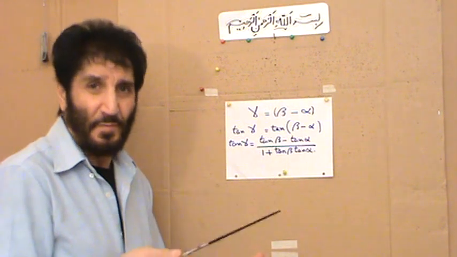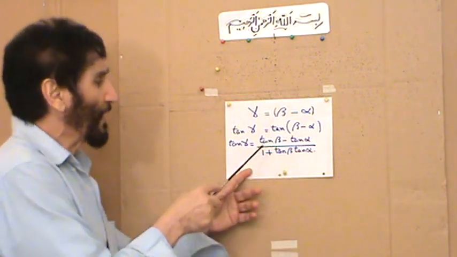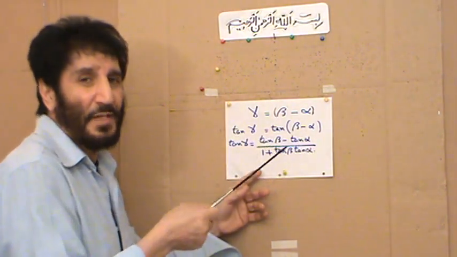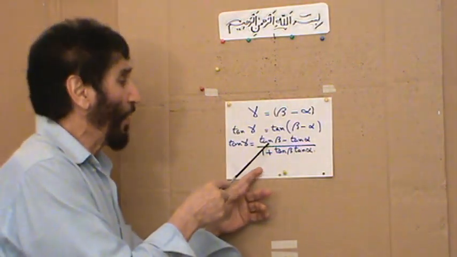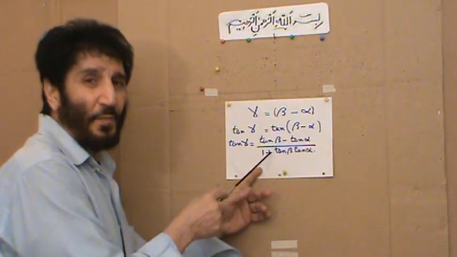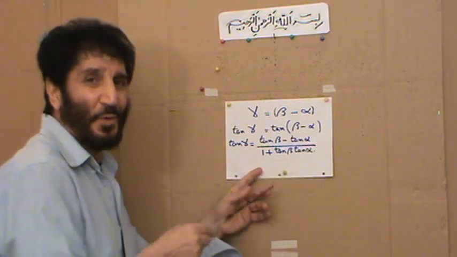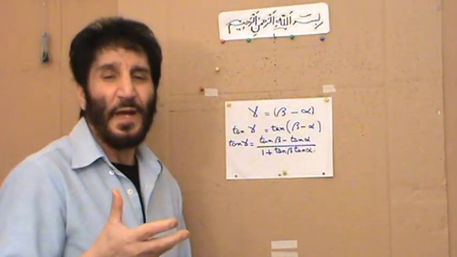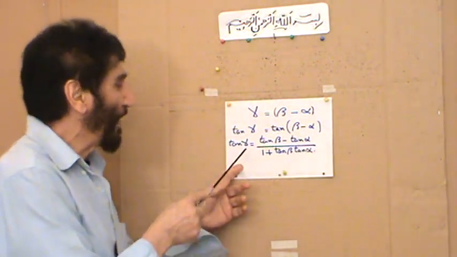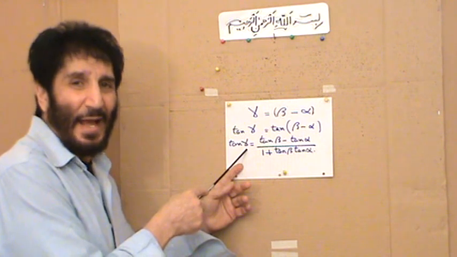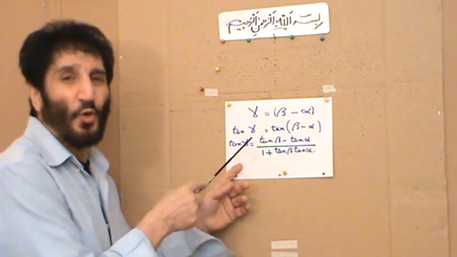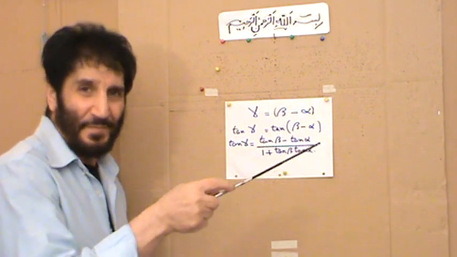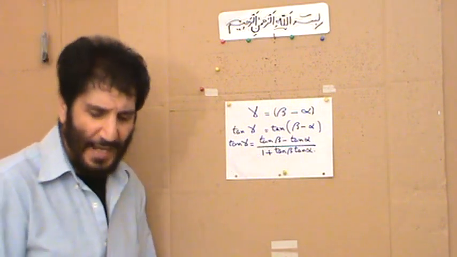We saw it. So instead of saying tangent of beta, we can say M1 or M2, it doesn't make any difference. Let's say M1 minus M2 over 1 plus M1 M2. Fantastic. So that means from the slopes, we can find out what the angle gamma is and what is the slope of the line that will make that angle with the horizontal axis.